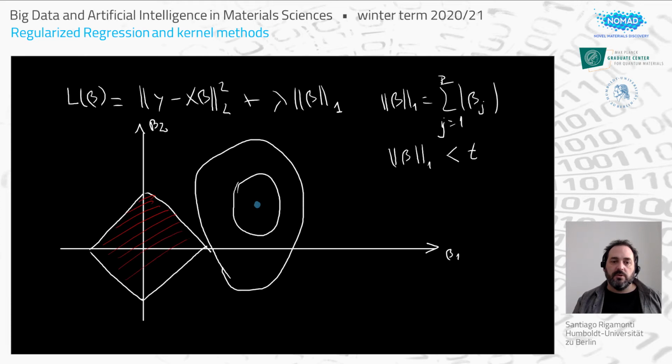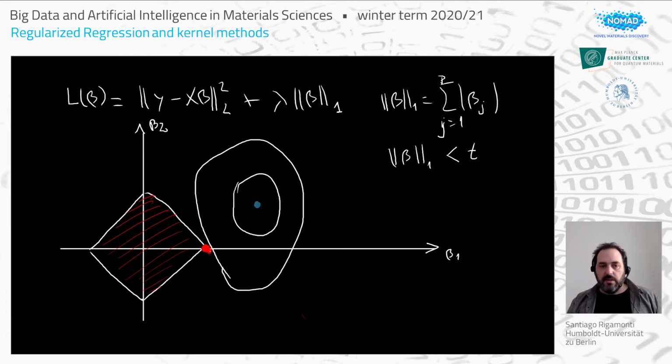As before, we want the solution to be inside this diamond. So the best way is when we actually touch this corner here. This would be the solution that both fulfills the constraint and optimizes the residual sum of squares, so that is the closest possible to that center.